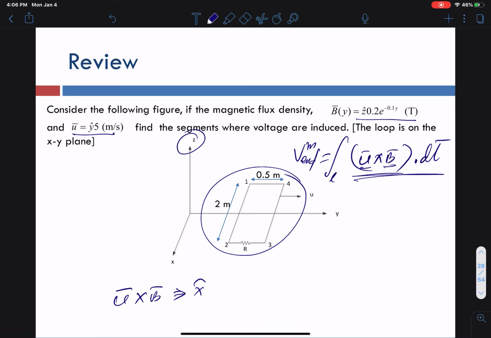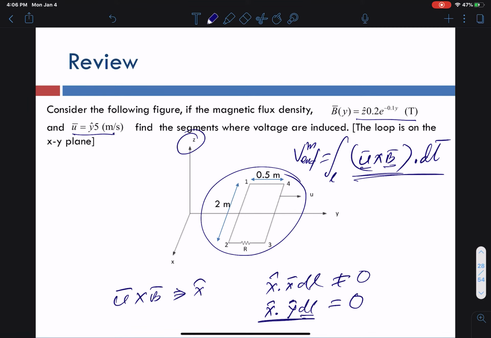If DL is in the X direction, I get a non-zero result, right? But if it's in the Y direction, I get zero. So I'm not going to get any induced voltage if DL is in the Y direction.